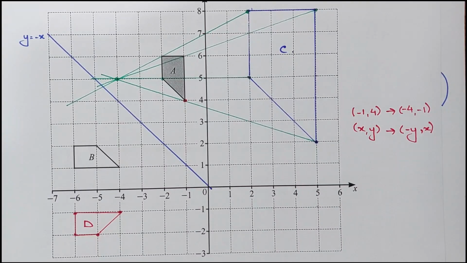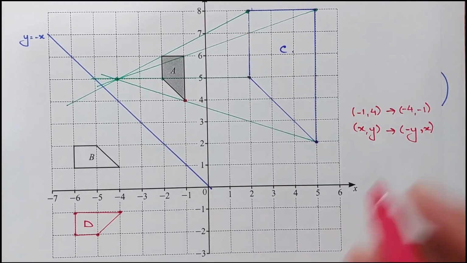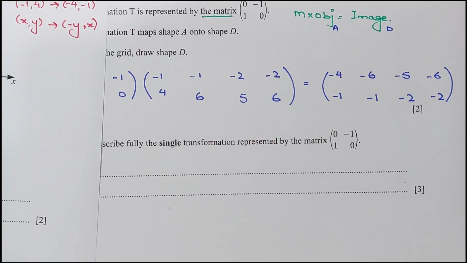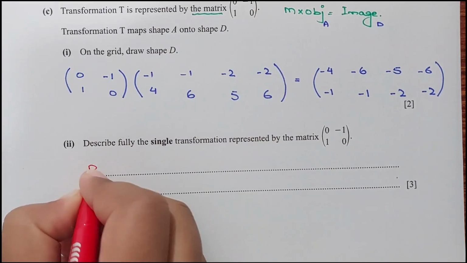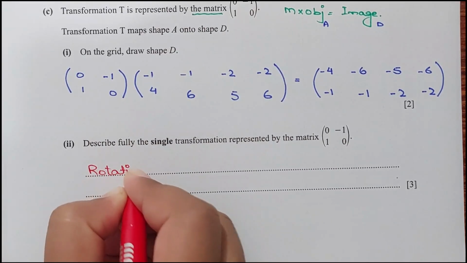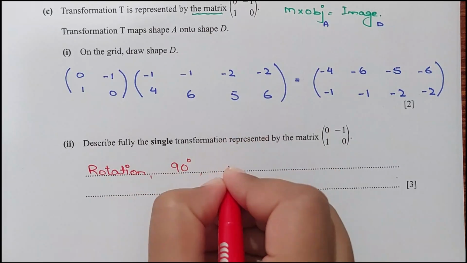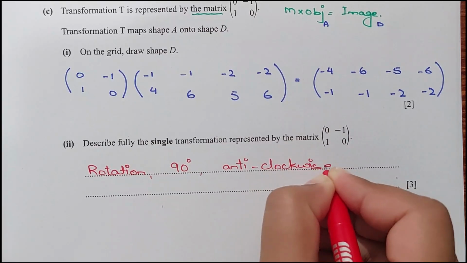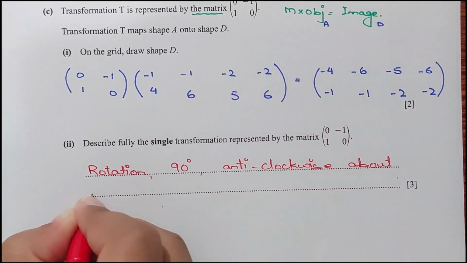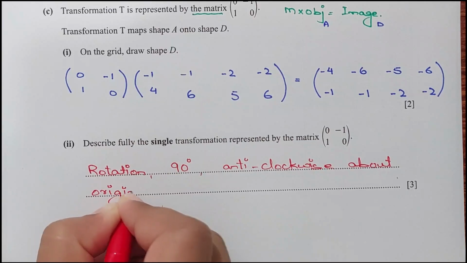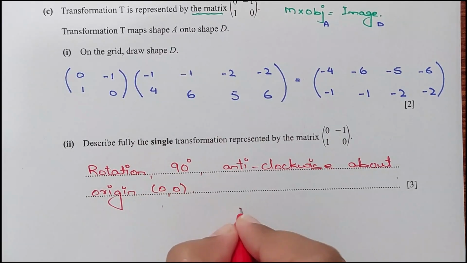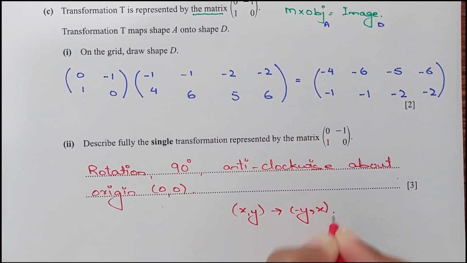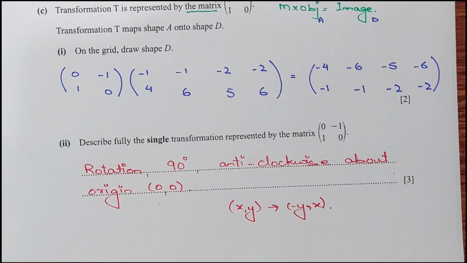When we have a rotation of 90 degrees anti-clockwise about the origin, we have a formula that (x, y) changes to (-y, x), so it is obvious that it is about the origin. So we can say it is a rotation of 90 degrees anti-clockwise about the origin, which is (0, 0). That is the formula.